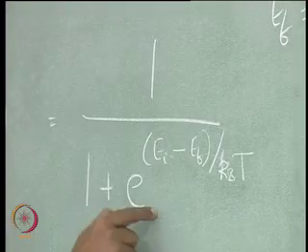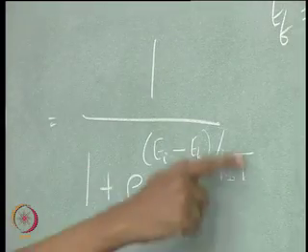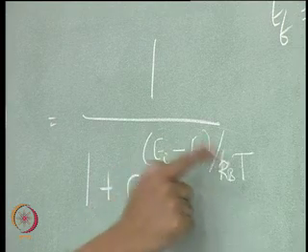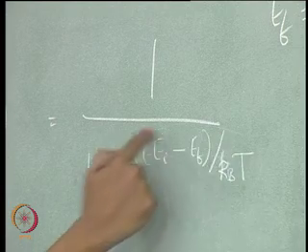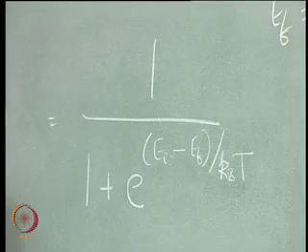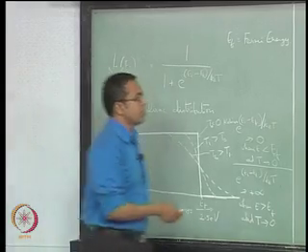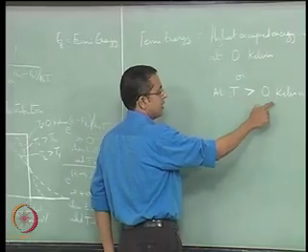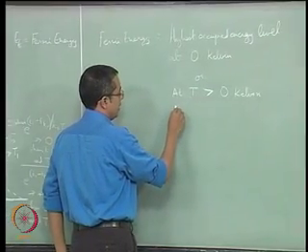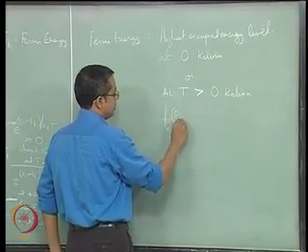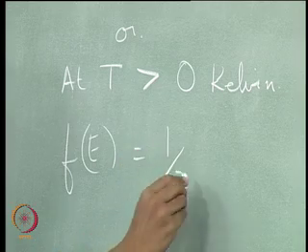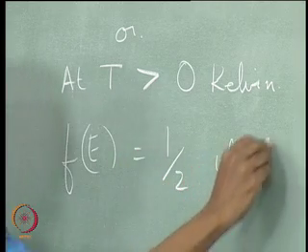So 1 by 1 plus 1, this term will become 1, E equals EF, this becomes 0, so this whole thing remains 0, therefore this term becomes 1, so this f of E will become 1 by 1 plus 1, which is 1 by 2, so it is half, okay. So at any temperature greater than 0 Kelvin the f of E will equal half when E equals EF.